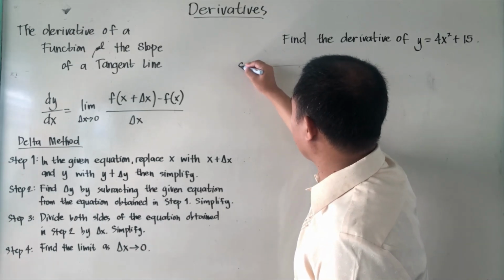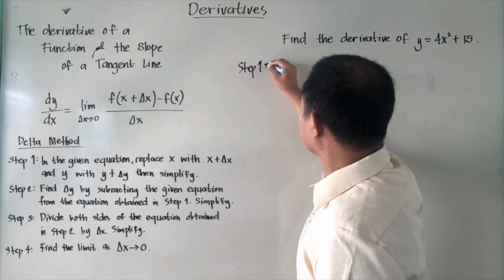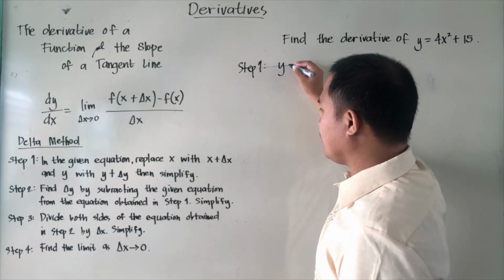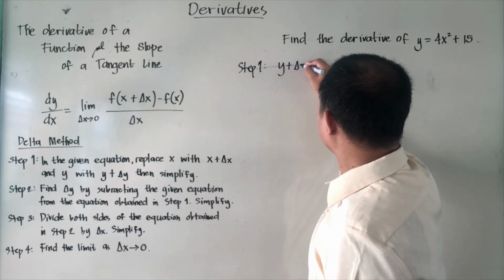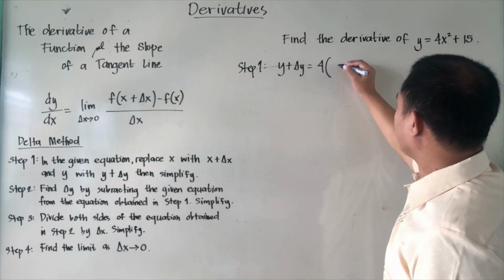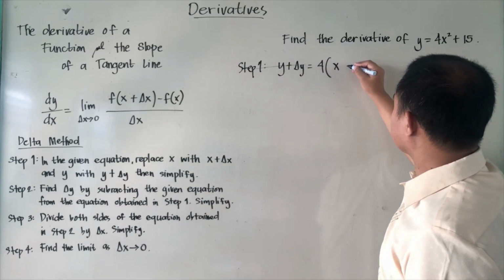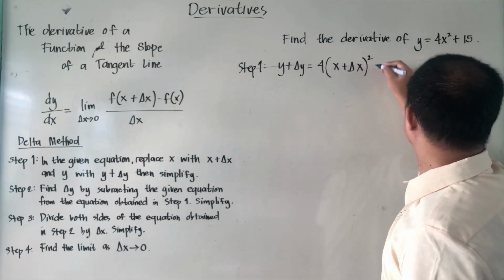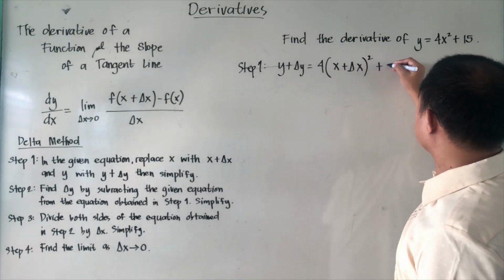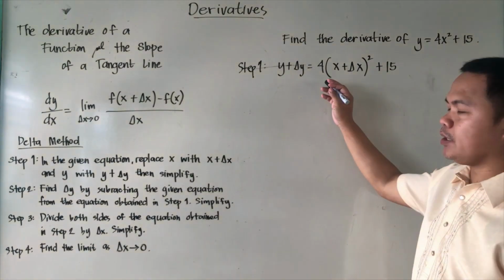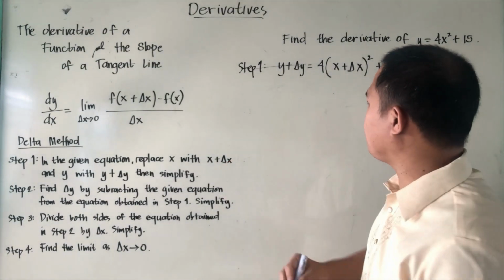So we have step 1, that will be y plus delta y is equal to 4 times x plus delta x squared plus 15. Okay, so this is the first step and we need to simplify this.